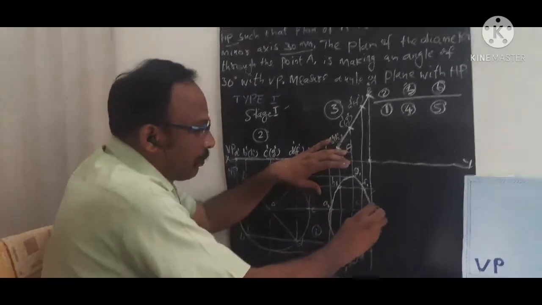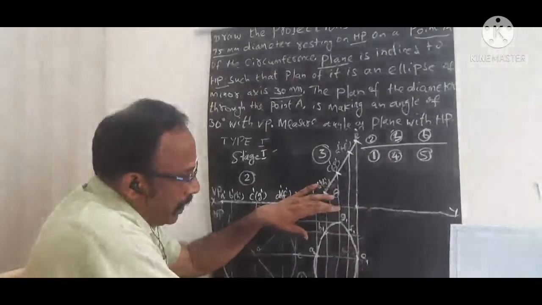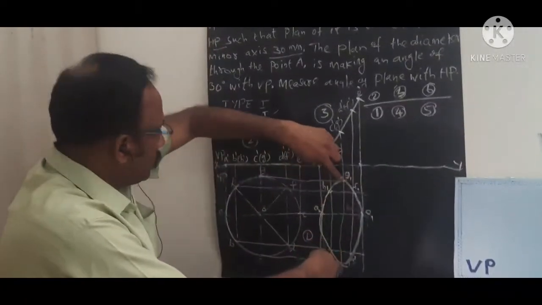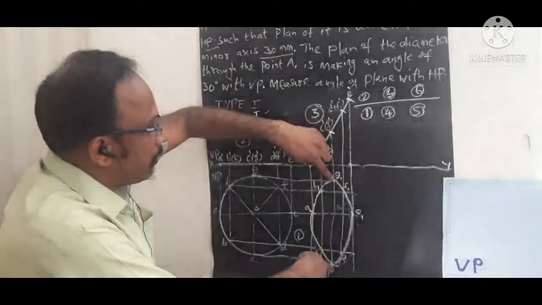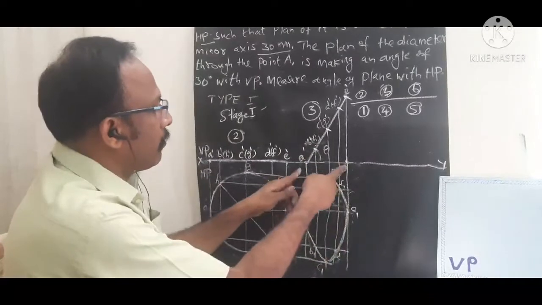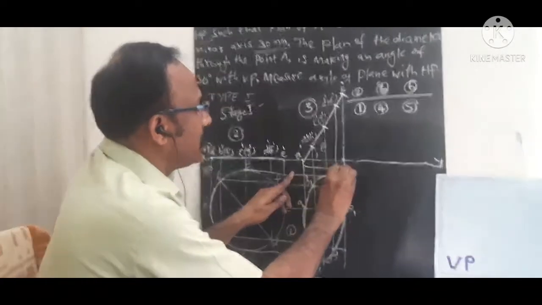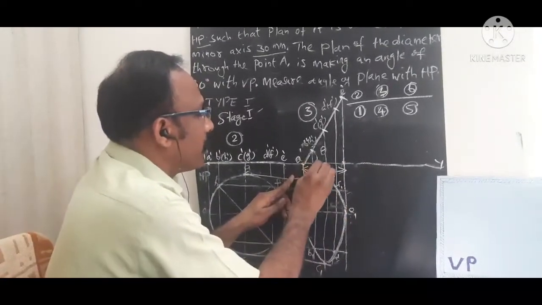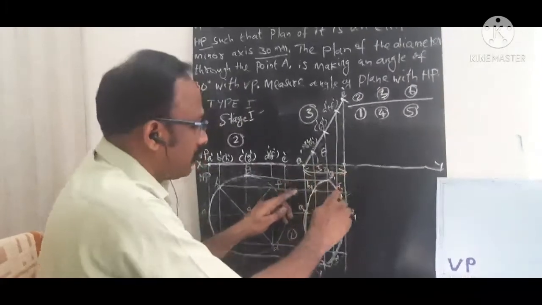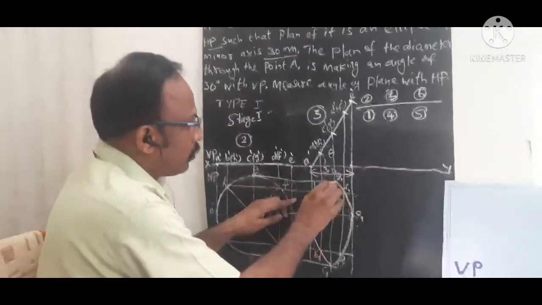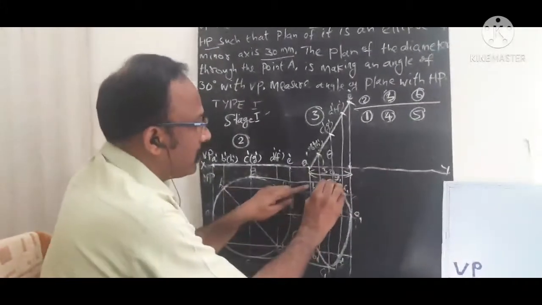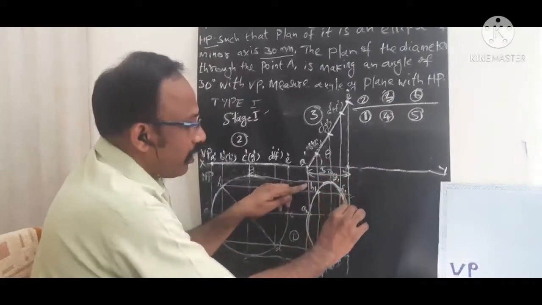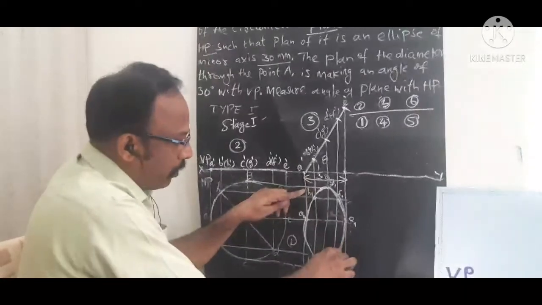Here the major axis of this ellipse is actually 75 mm. The minor axis will come as this distance, which is already given as 30 millimeter. So this is the way you need to draw the second top view of this problem, right?